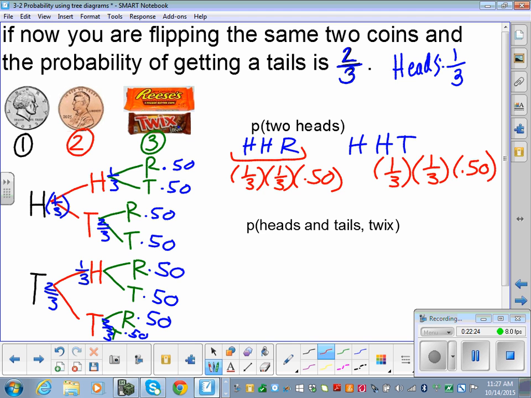So now if you calculate each of those, the probability of getting heads, heads, Reese's is 1 out of 18. And the probability of getting heads, heads, Twix is 1 out of 18. So we could write those as percents as well. So now we have this and this, so we'll add them up.